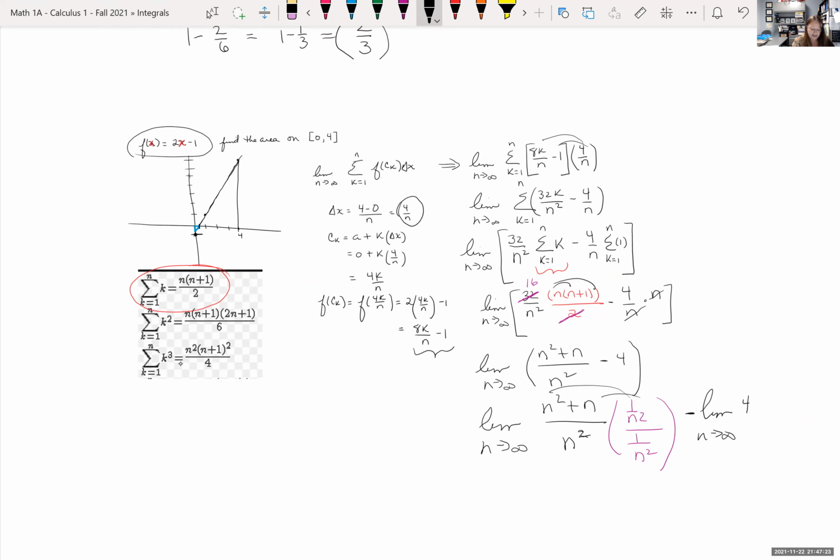Okay, so distributing, we get n squared over n squared, that's just 1, plus 1 over n squared all over n squared. Something's wrong in here. Oh, sorry, all over 1.